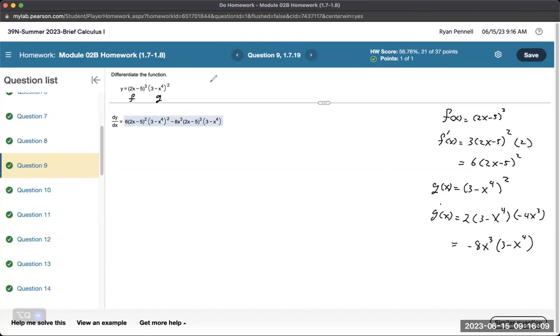This is product rule. So f times g is going to be f prime times g plus f times g prime. So let's build our pieces.